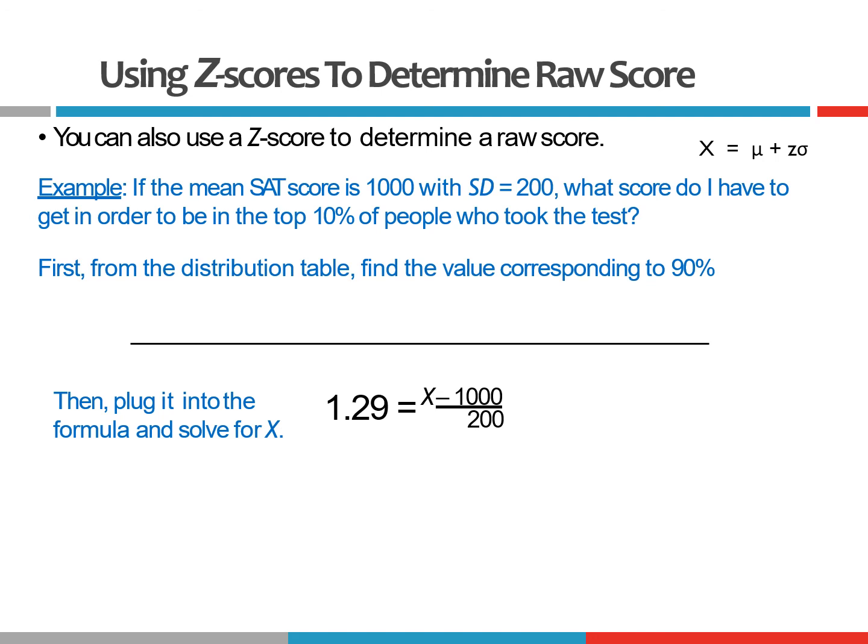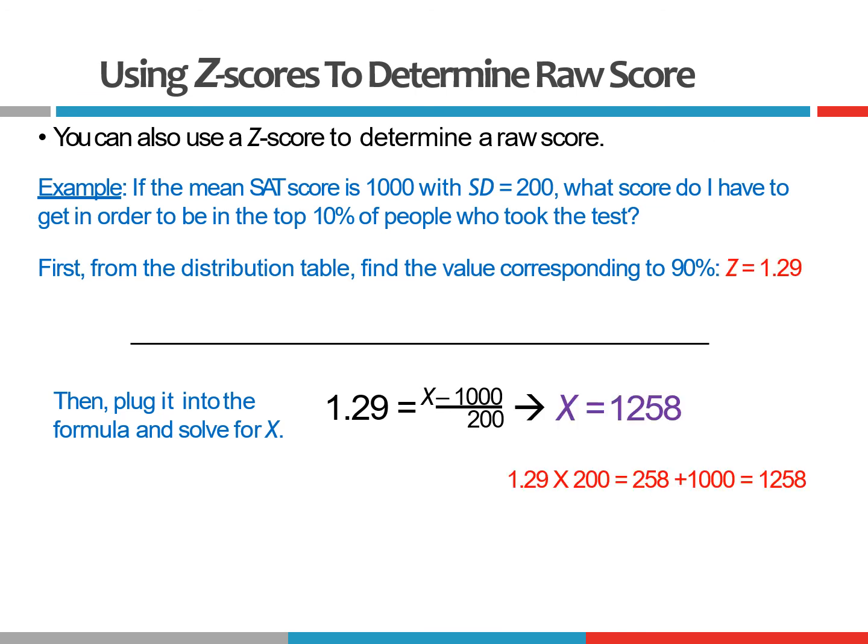So first, we're going to look at our Z distribution table and find the value corresponding to 90% and plug it into the equation. We're going to use our standard equation for z-scores, plug in what we have, and solve for x.